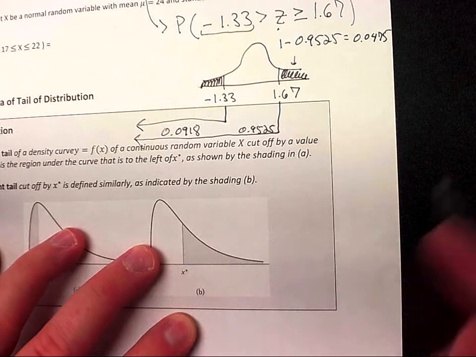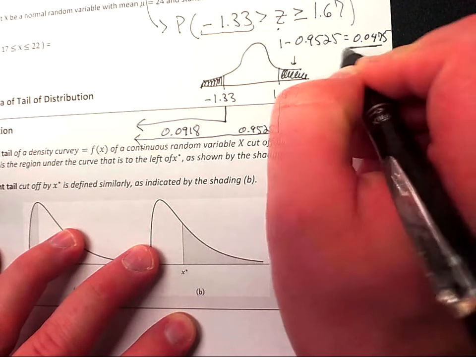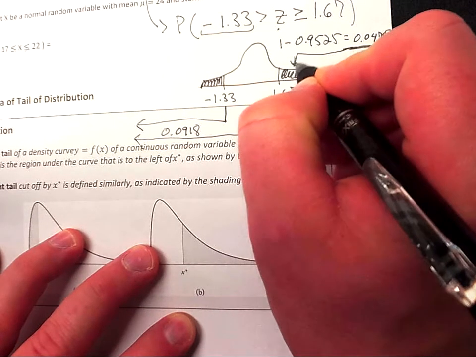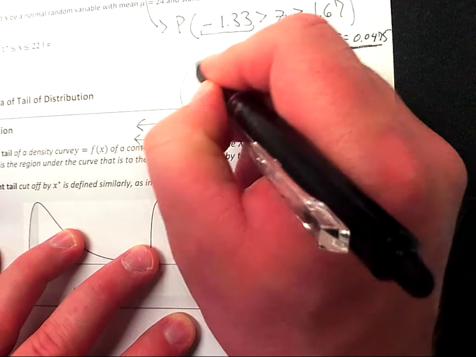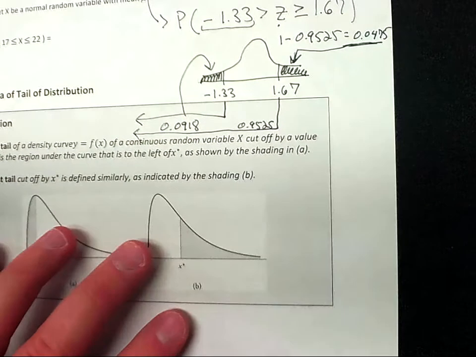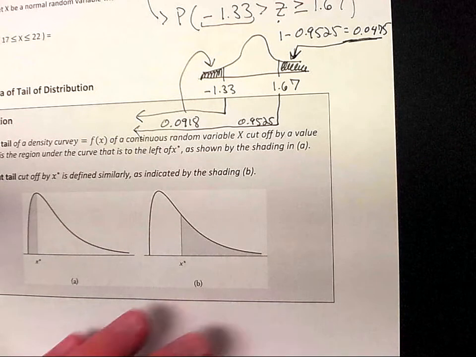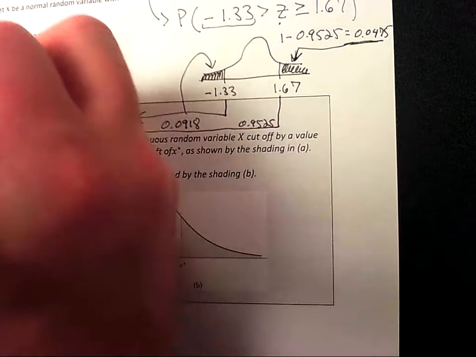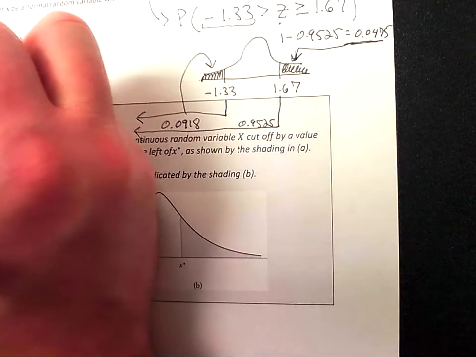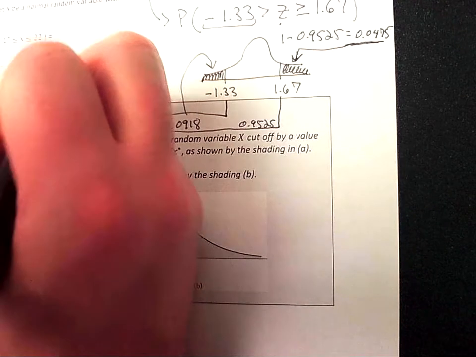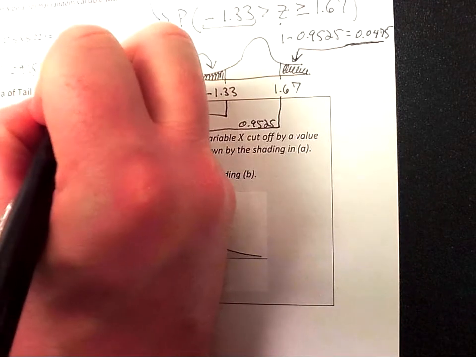Is everybody good with this? So I know now that over here I have 0.0475, and over here I have 0.0918. So now if I wanted to find the total shaded area, I'm just going to add those two things together. I'm just all over the place up here, right? Now I'm writing over here on the left.